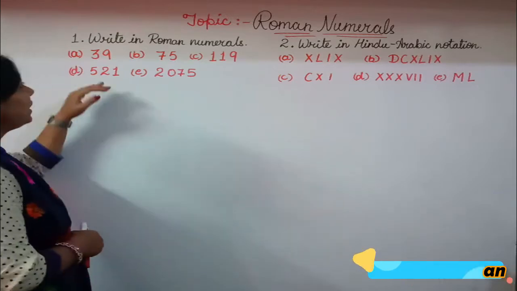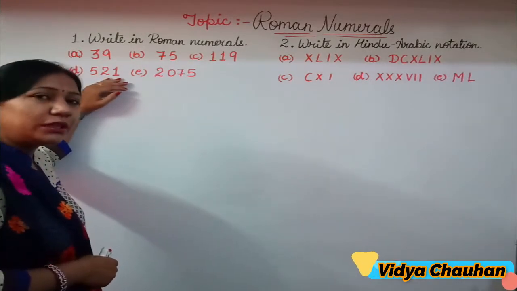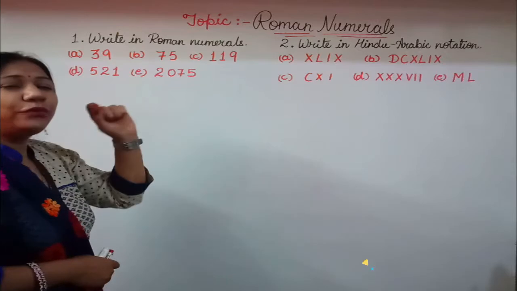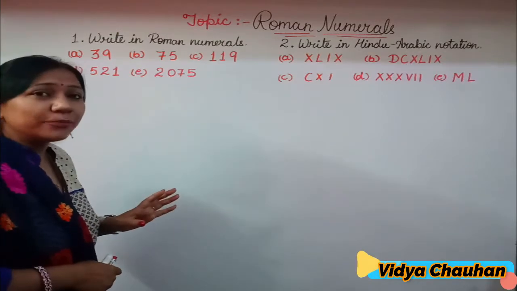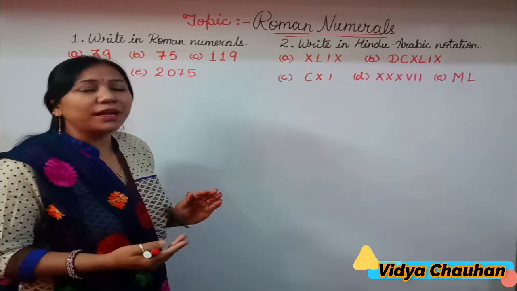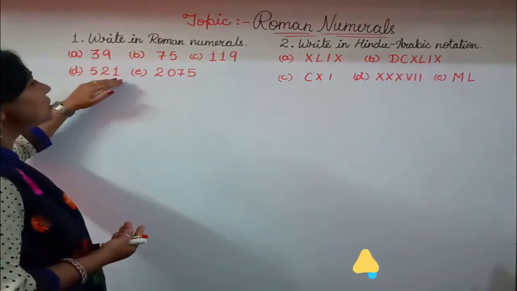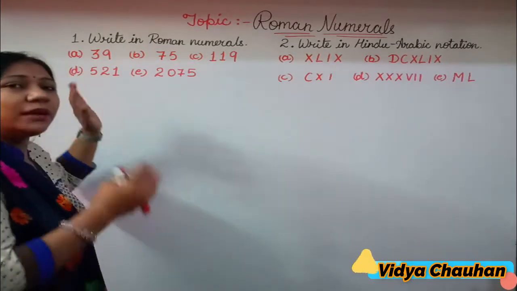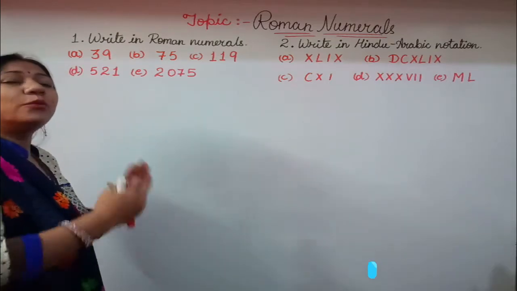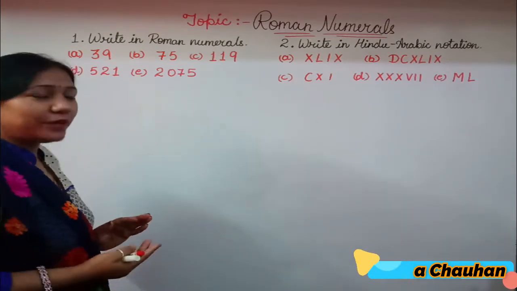Whenever numbers are given in the Hindu Arabic form, there is a very simple trick. You have all learned how to write any number in its expanded form. So when converting numbers to Roman form, very first we will write the given numbers in expanded notation.